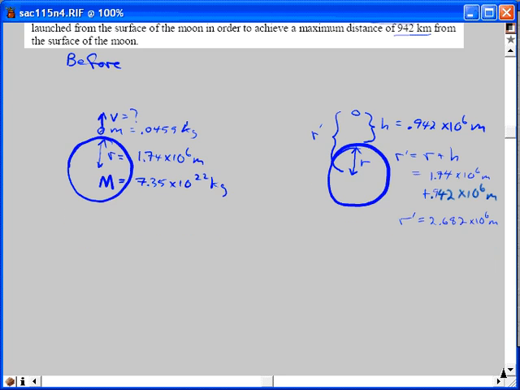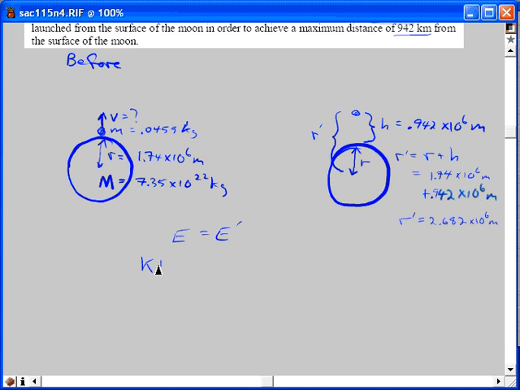Okay, I think we're ready. This is supposed to be right at the surface. This is where the golf ball is up high. I think we're ready to apply conservation of energy. Let's try it, see if we're missing anything. E is equal to E prime. The energy in the before picture is equal to the energy in the after picture.